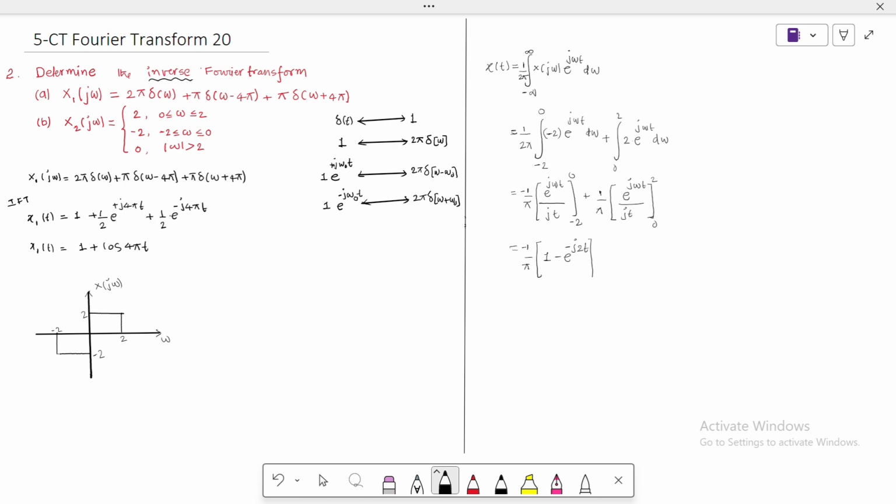So this is the case. So plus 1 by pi, e power j 2t minus 1. So there is a jt.